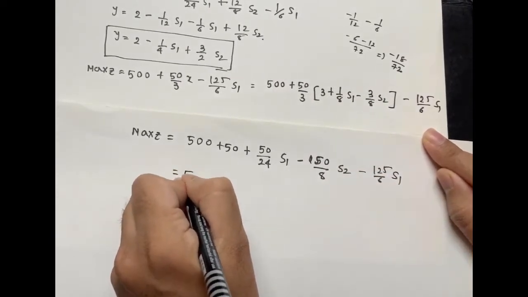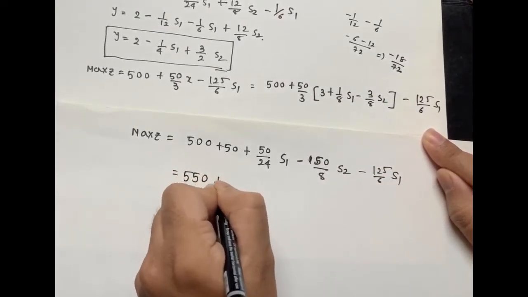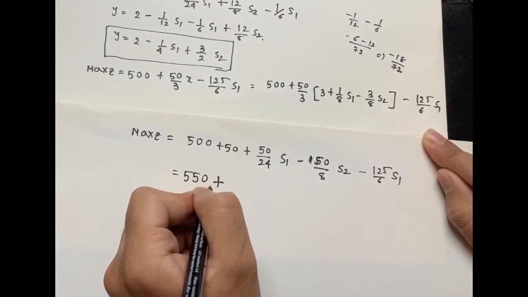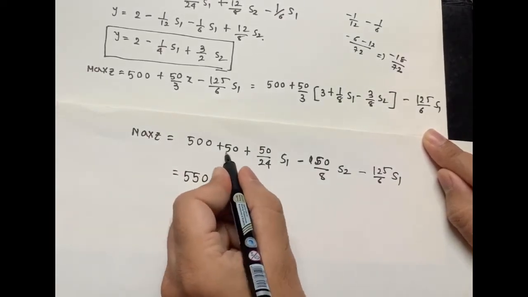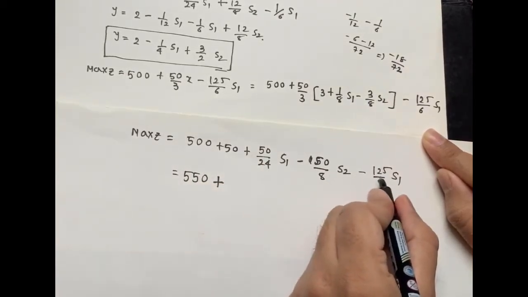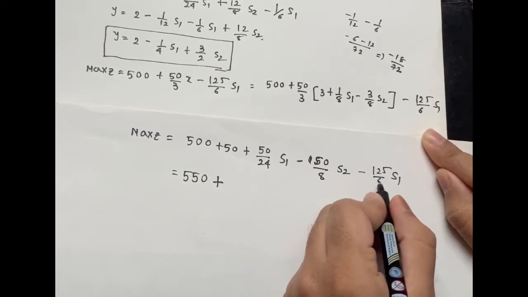So 550 plus 50 by 24 s1 minus 125 by 6 s1.